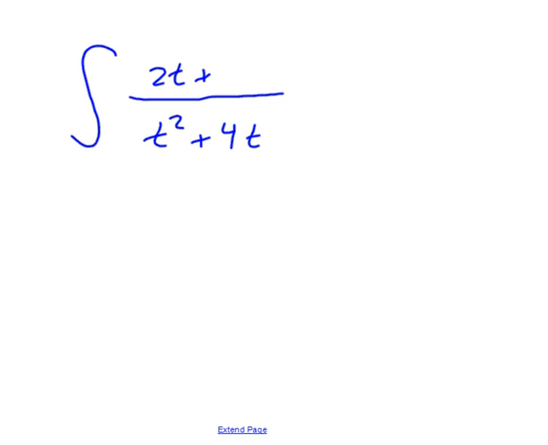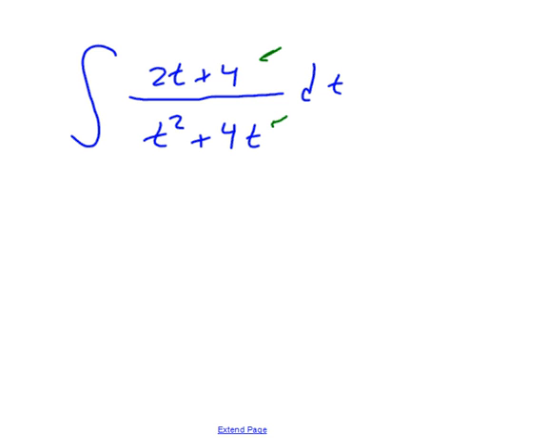So we're integrating a fraction. So we're going to have t squared plus 4t over 2t plus 4 dt. And what we recognize is, the top is the derivative of the bottom.